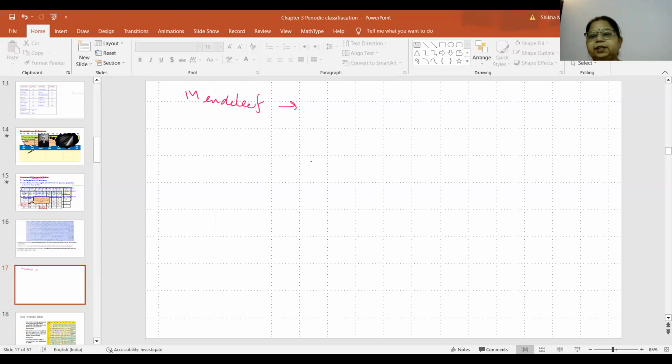There was a scientist called Mendeleev. He was from Germany. At his time, 63 elements were known. And what he did was, whatever element was known at that time, he made a flashcard. Like we play cards, which maybe elderly people play, or you must have come across.